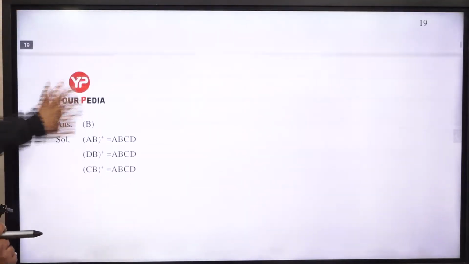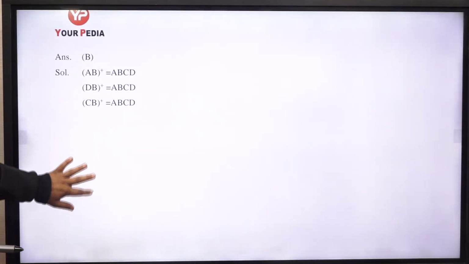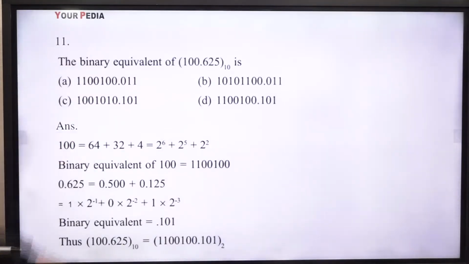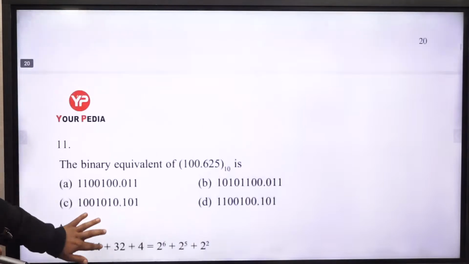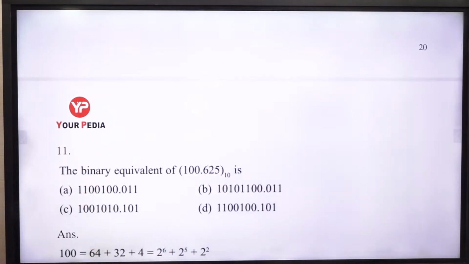Very good. You can see here the closure of AB, DB, and CB determine all the attributes. So, my dear students, keep in mind now. Tell me, what is the binary equivalent of 100.625?